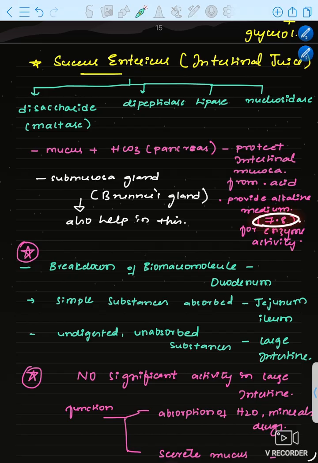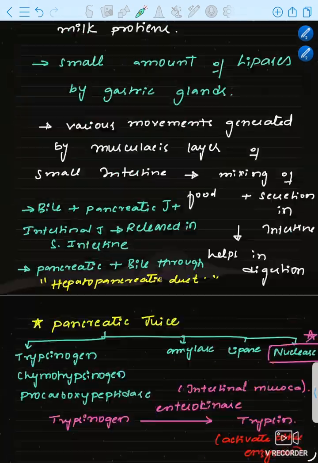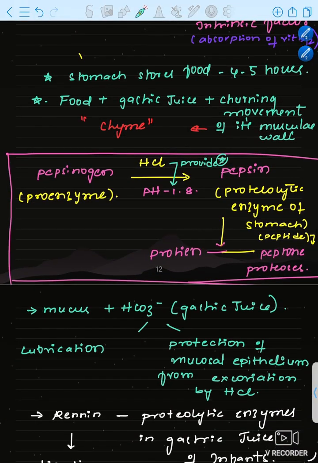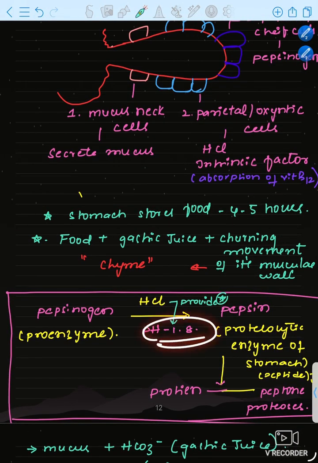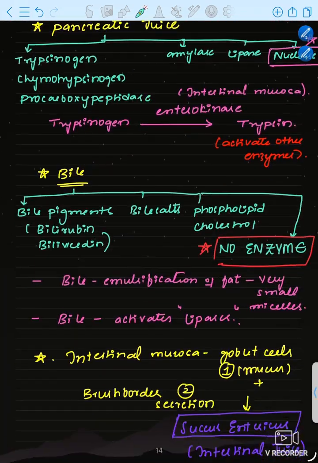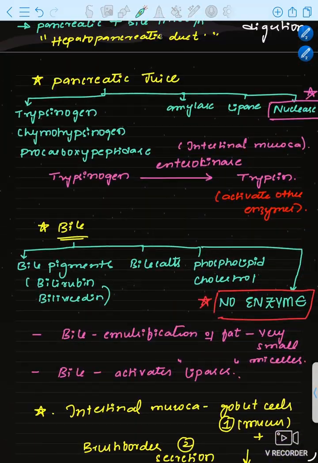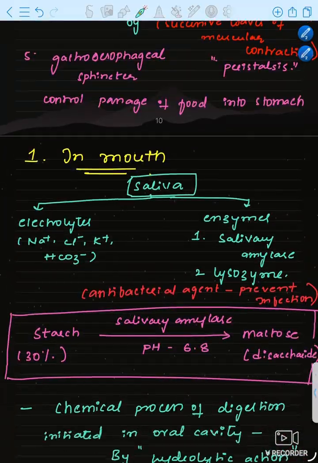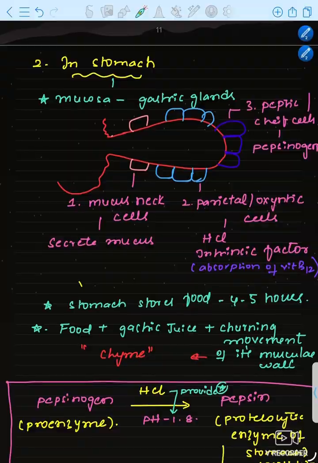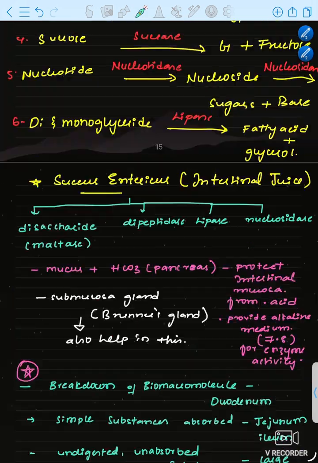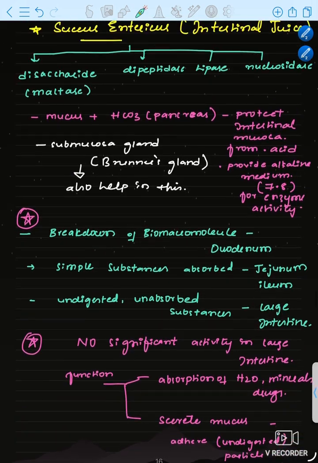In the mouth the pH is 6.8, in the stomach 1.8, and in the intestine 7.8.